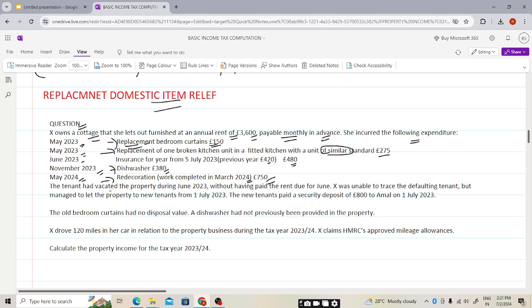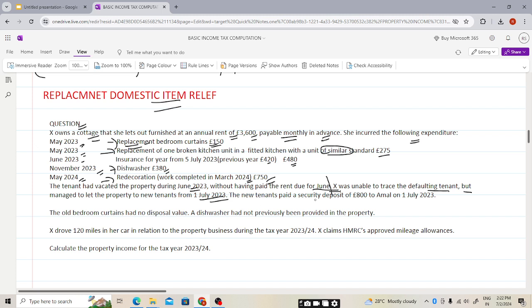The tenant had vacated the property during June 2023 without having paid the rent due for June. X, that is the owner, was unable to trace the defaulting tenant but managed to let out the property to a new tenant from 1st July 2023.